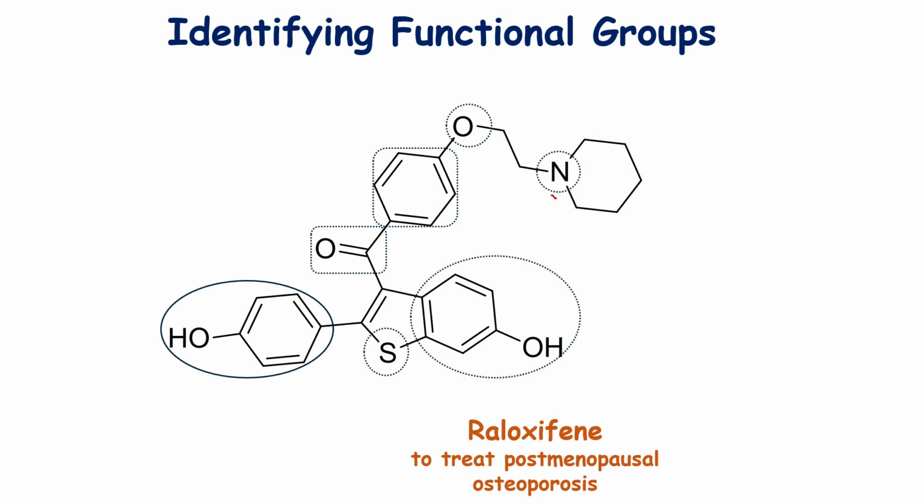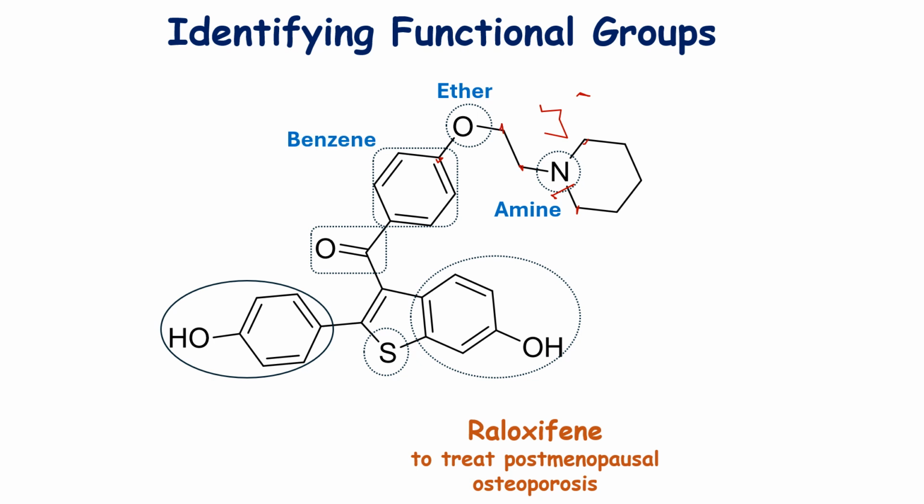Here we have nitrogen, that means we have amine, but this nitrogen is directly attached to 3 carbon. So that means this is an example of tertiary amine. Next we have oxygen, and oxygen is single bonded to carbon on both the sides, that means it's an ether.